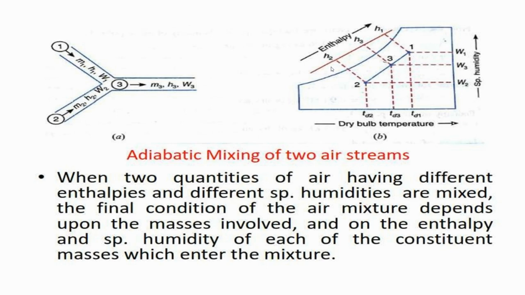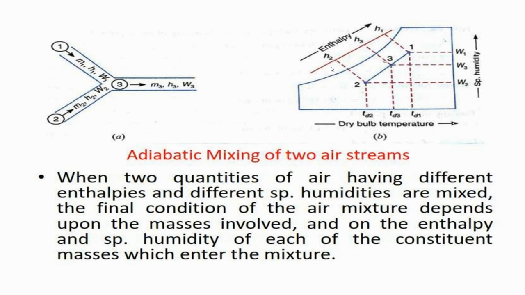Let's suppose the airs at point number 1 and point number 2 are mixing, so we get point number 3 of mixed air. Let's suppose we have taken one example: the temperature of stream 1 is 20 degrees Celsius, and of stream 2 is 60 degrees Celsius. So the temperature will range between 20 and 60, depending upon the fraction.